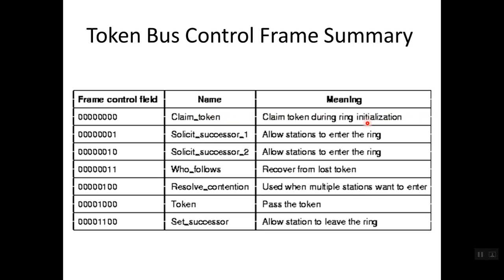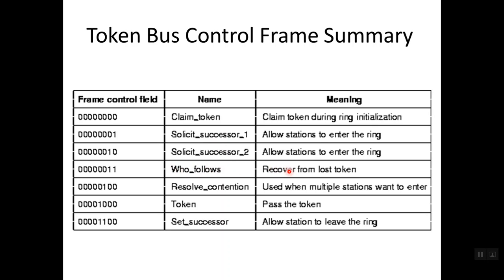Also, solicit successor 1 and solicit successor 2 are two control frames that allow a station to enter the ring. If a machine has to enter a ring, then it can send either the solicit successor 1 or solicit successor 2 control frame.